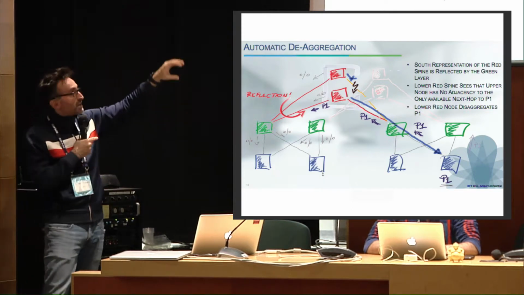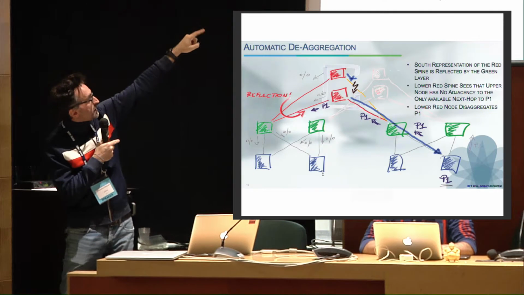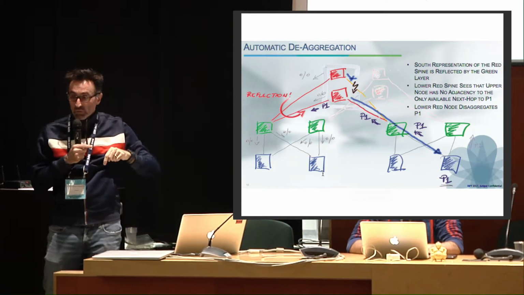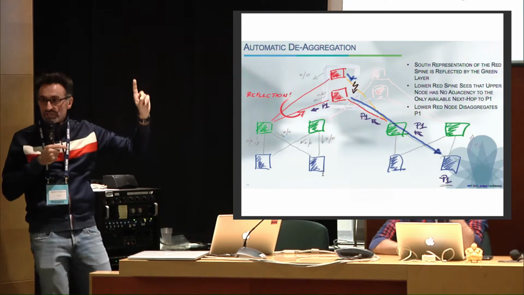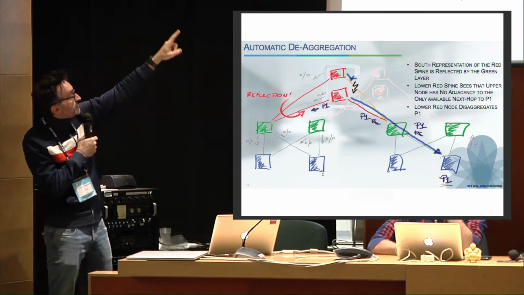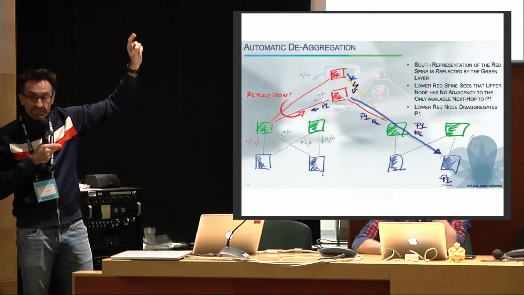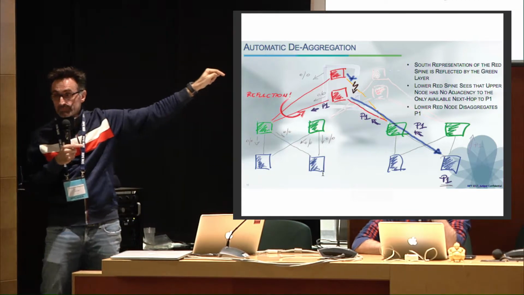The TIEs are flooded in this way. So the red box below will check the neighborship of the red box above, and it will notice that the red box above has no way to reach P1 anymore.